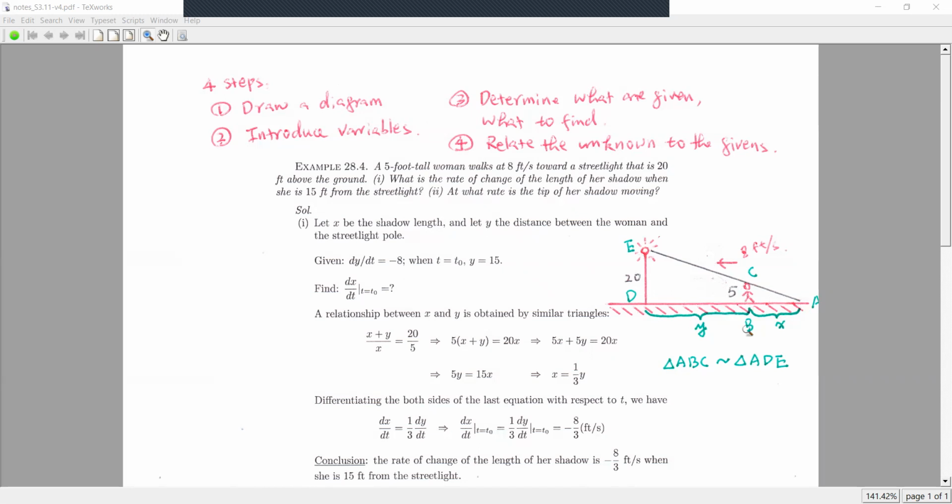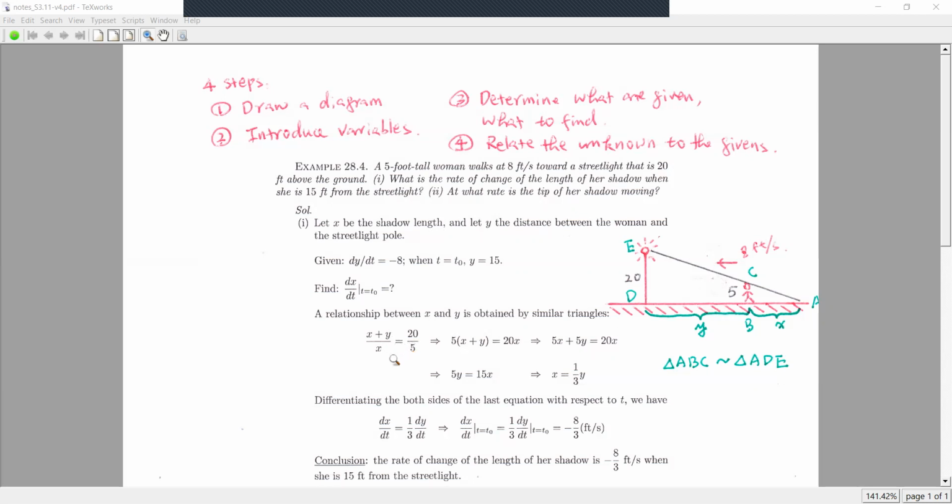AB is x plus y. x plus y, this is AD, over x, which is AB, is equal to DE, which is 20, over BC, which is 5. So I have this equation.